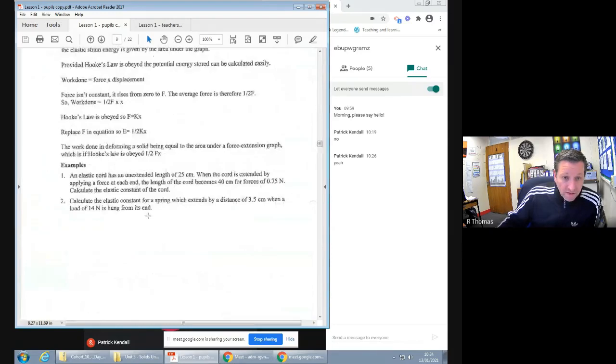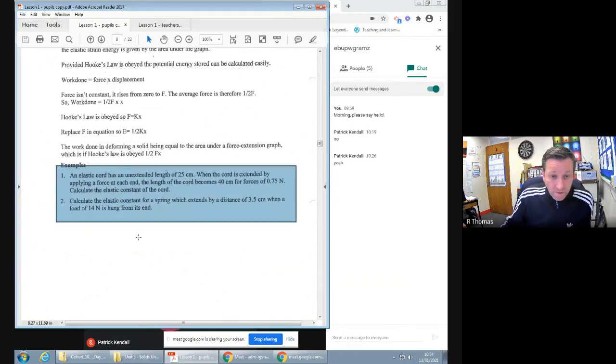So going back to the last page, very, very quickly, this will only take you 60 seconds tops. Have a look at these two questions here. An elastic cord has an unextended length of 25. When the cord is extended by applying a force, the length becomes 40. So straight away you can work out the extension. It gives you the value of the force used, 0.75 newtons.